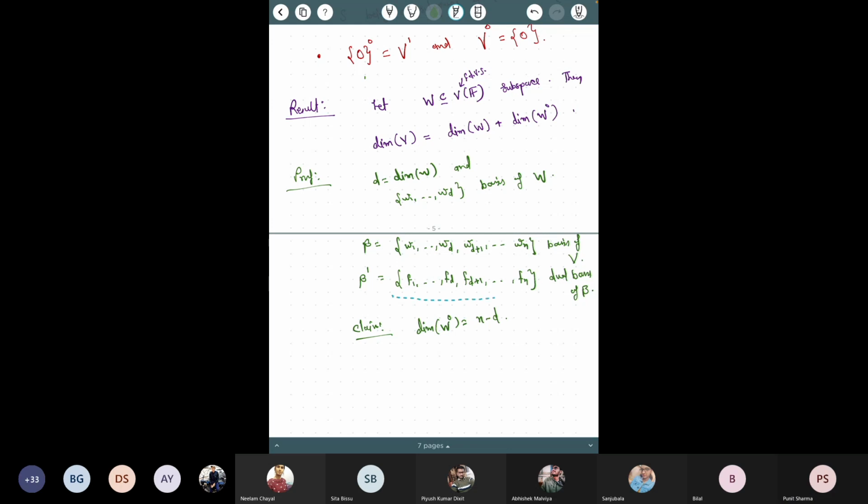If I use this basis and show that N minus D of these vectors form a basis for W naught, then I'm done. And the choice for this is clearly FD plus 1 to Fn.